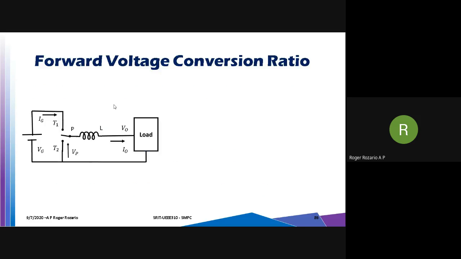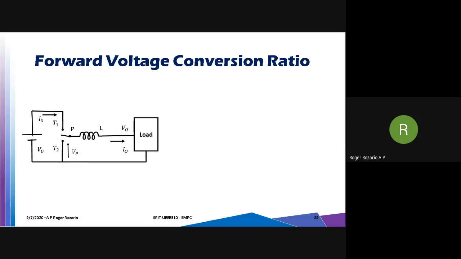These are the assumptions that we made. And the next is an important concept which you are going to carry forward for all the converter analysis that we are going to do in the forthcoming classes, which is the volt second balance in an inductor. We consider the volt second balance in the inductor, and we derive the forward voltage conversion ratio.